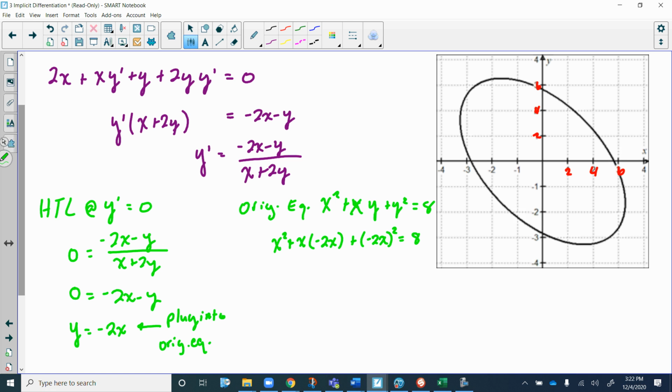So let's see what we wind up with here. This will be x squared minus 2x squared, and this will work out to be a positive 4x squared to be equal to 8.